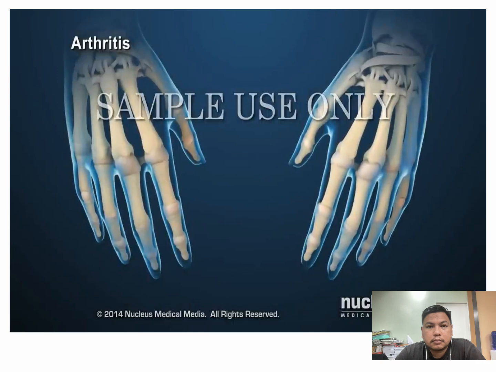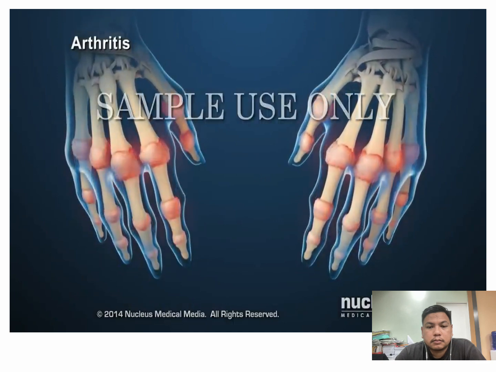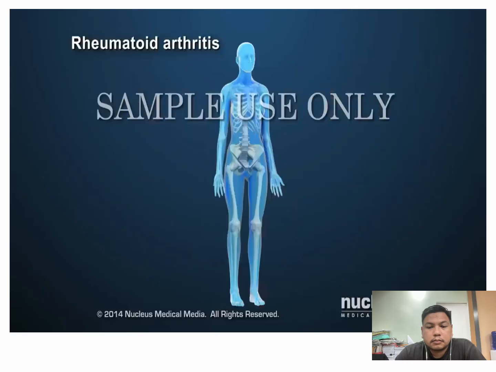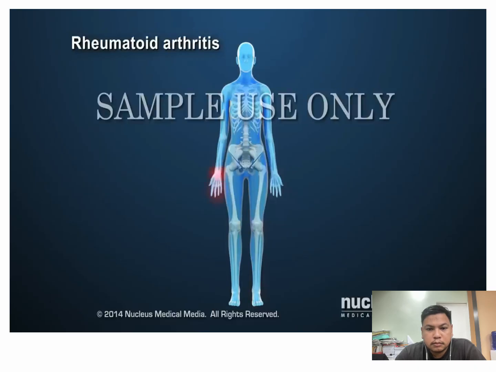Arthritis is any disorder that affects joints. It can cause pain and inflammation. Rheumatoid arthritis is the second most common type of arthritis. The joints most commonly affected are in the wrists, hands, knees, ankles, and feet.